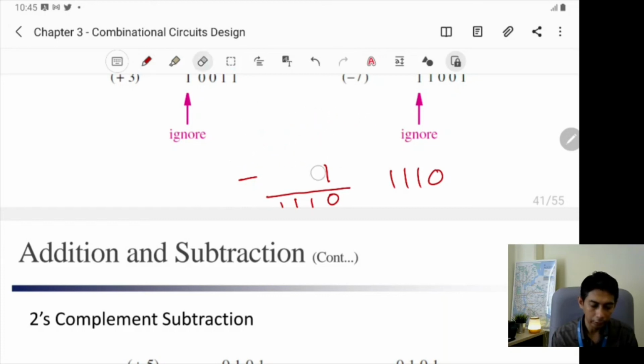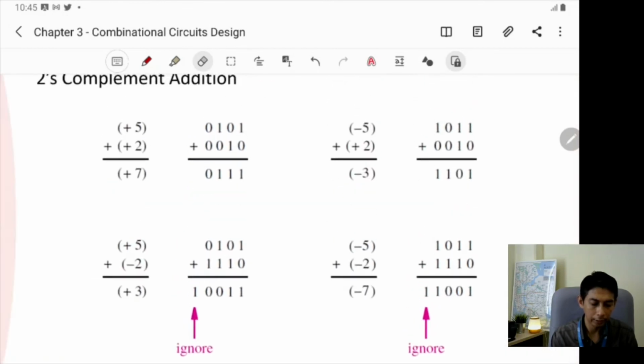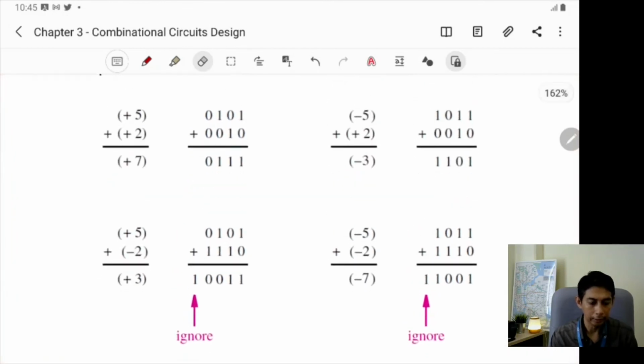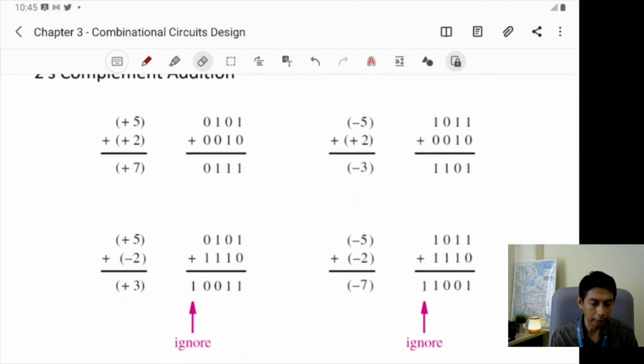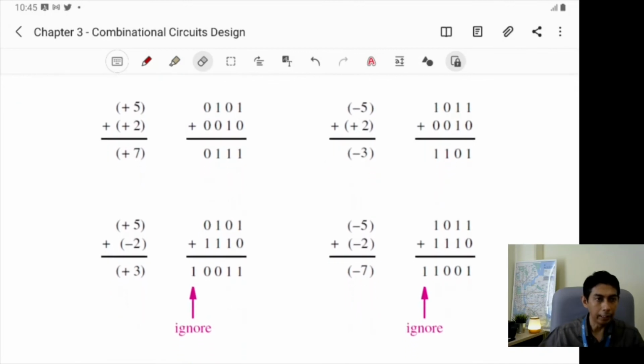Okay, so now let's do subtraction or addition using the second complement. And again, second complement is only used to represent a negative number. Now, using the same numbers here, 5 plus 2.